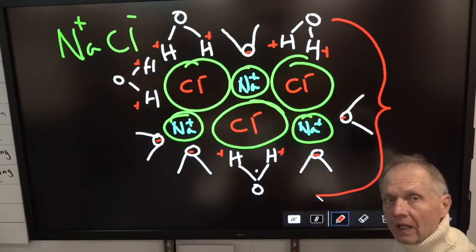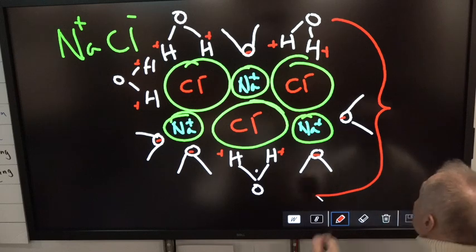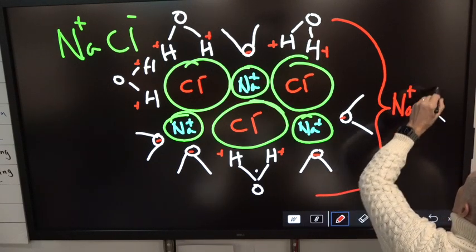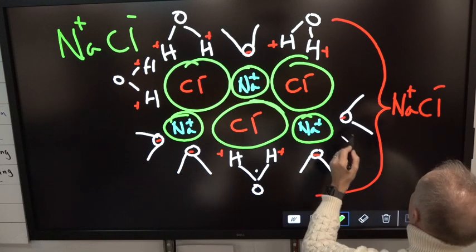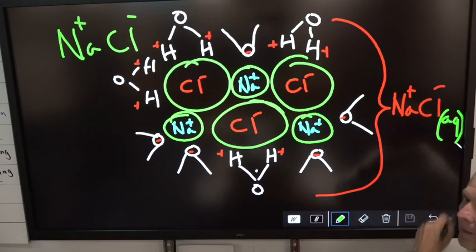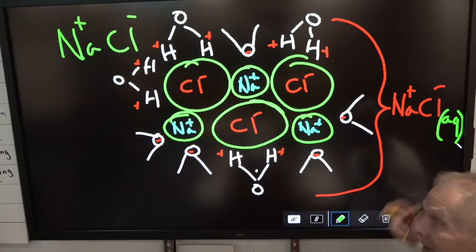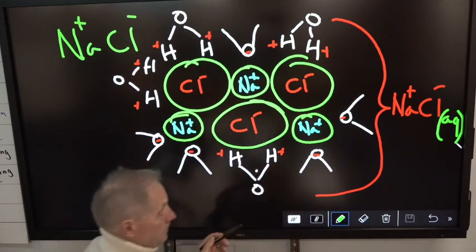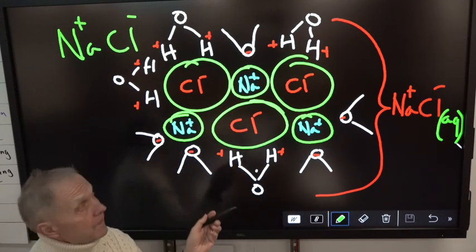So how can you tell if it's molecule-ion attraction? Well, you have Na plus Cl minus, and then you just look for the AQ. The minute it says AQ, that's molecule-ion attraction, or hydration of ions.